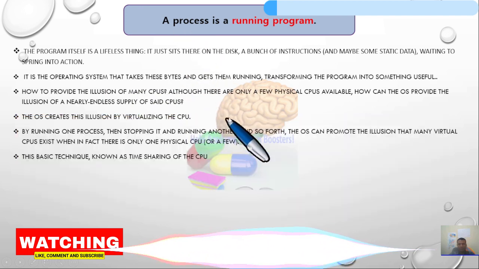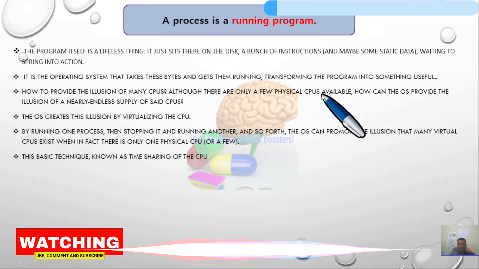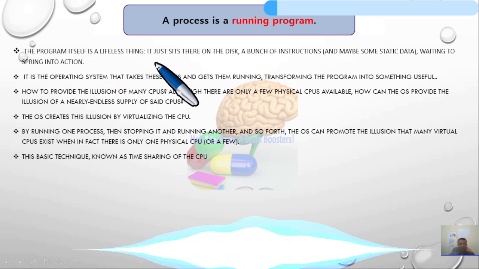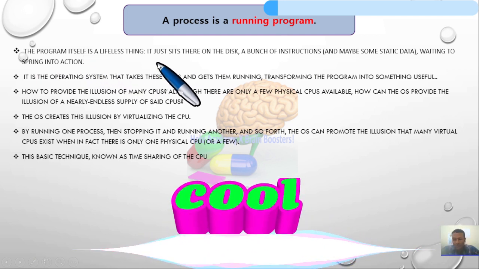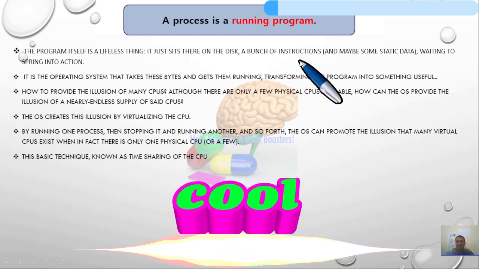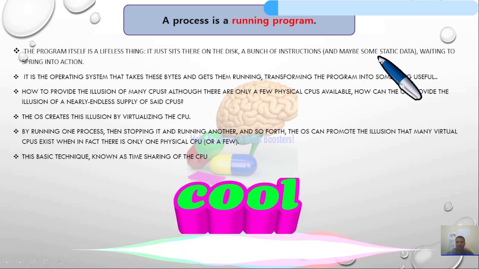In general, a process is a running program, because a program by itself is lifeless. As you can see, the program itself is lifeless. It just sits there on the disk. When you have a program, it will be on your secondary disk and it does nothing. It has a bunch of instructions and maybe some static data waiting to spring into action.